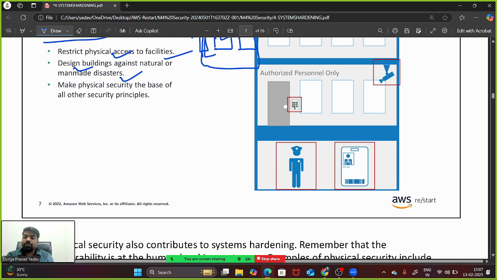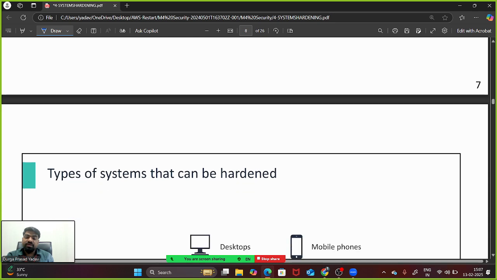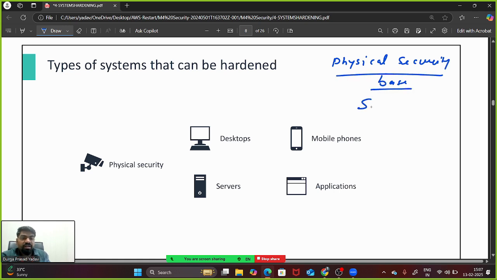Your physical security will be the base of this principle, meaning physical security is the base of system hardening.